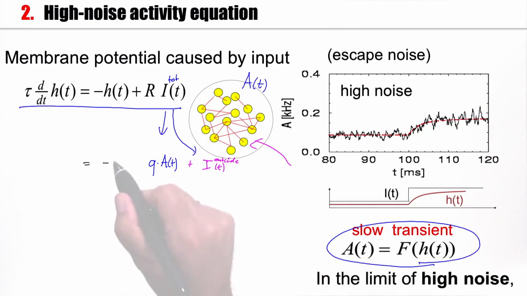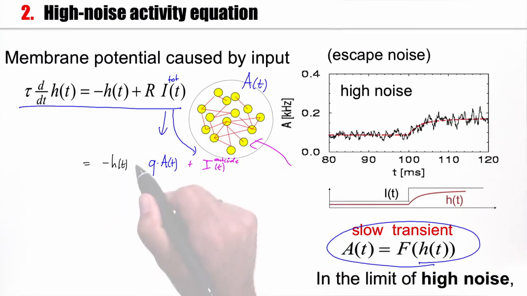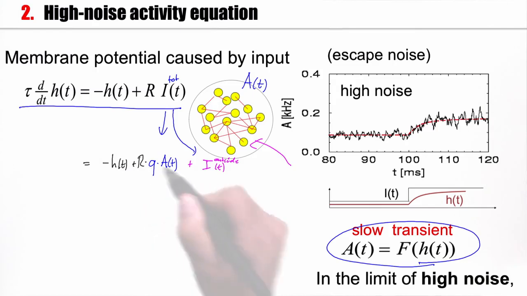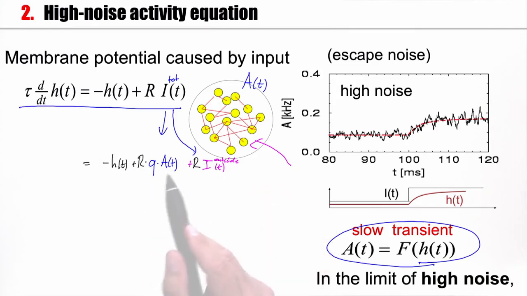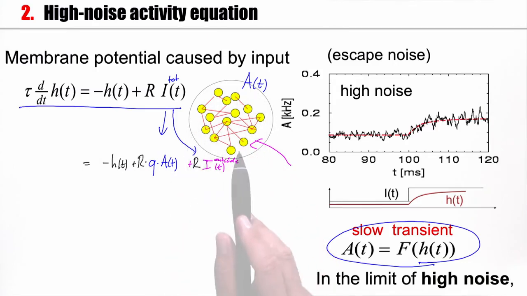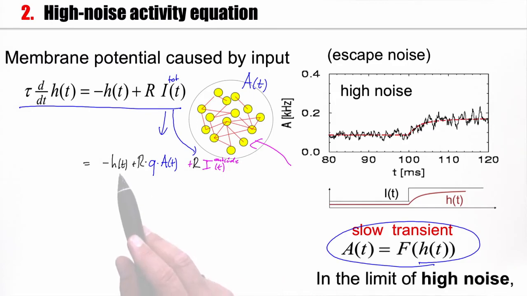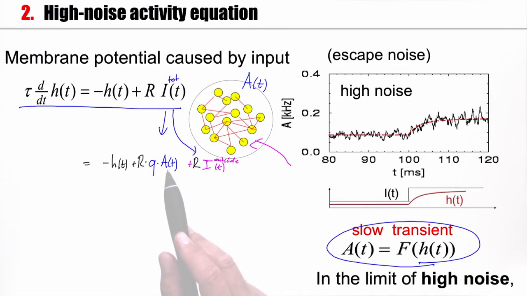So a neuron in this network would follow this differential equation with R times Q A of t. So the neuron is driven by the population activity, and the input potential represents a low-pass filter version of this population activity, plus the input from other sources outside this population.